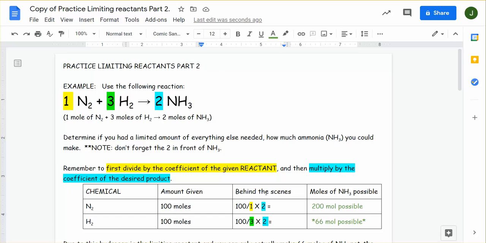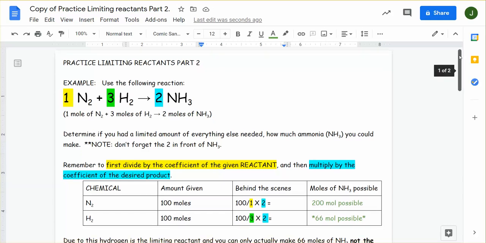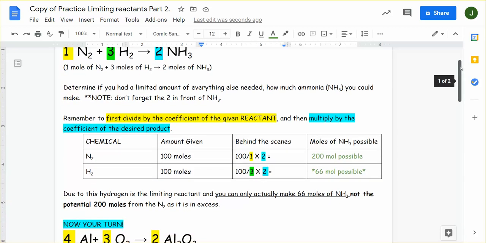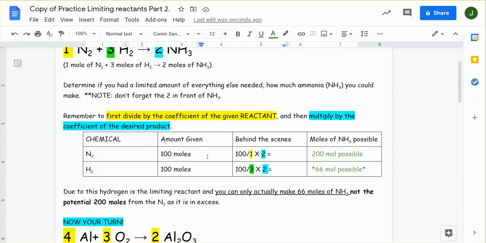Now in our assignment, we're figuring out which one of these is our limiting reactant, given a scenario where you're given a certain amount of each chemical. Let's say we were given 100 moles of nitrogen and 100 moles of hydrogen.